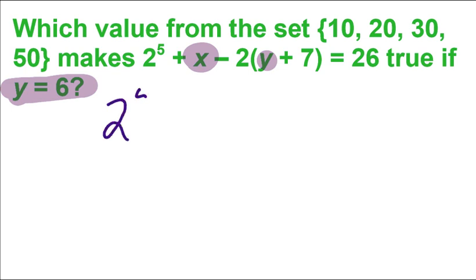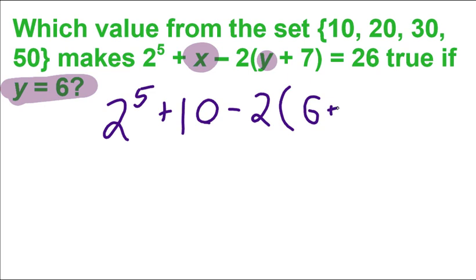So I got 2 to the 5th power plus 10 first, minus 2, we put 6 in for y because that's what it said. And it's going to need to equal 26. We can leave off that part and see what it's going to equal.